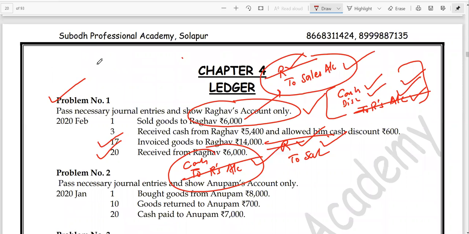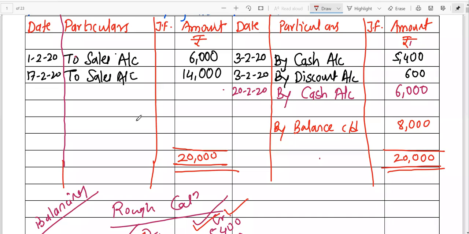We have been given dates of February 2020. Can anybody tell me the last date in the month of Feb? Feb 2020, last date in the month of Feb.